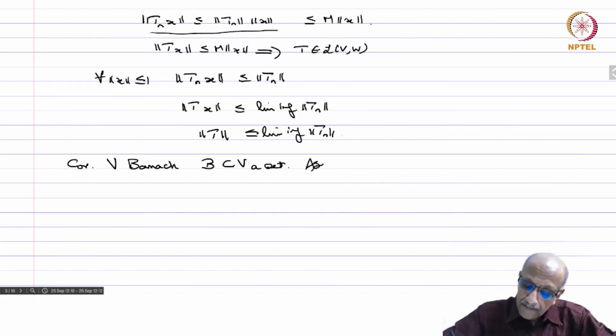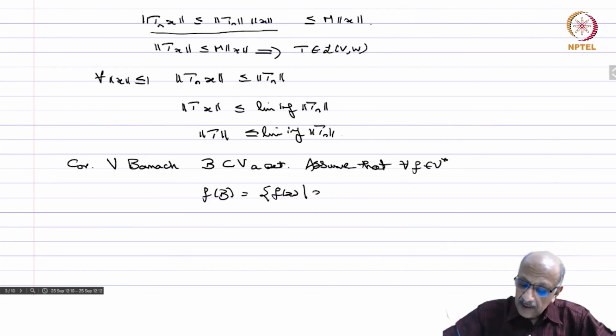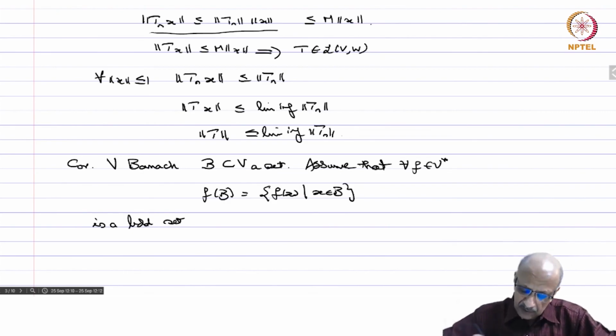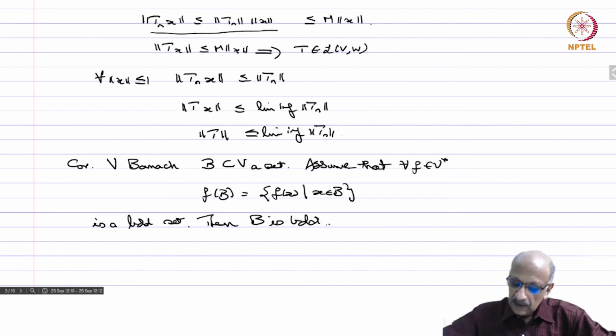Assume that for every f in V star, f(B), which equals the set of all f(x), x's in B, is a bounded set in R or C, whichever is the scalar field. So this set of all numbers is bounded. Then B is bounded in V.